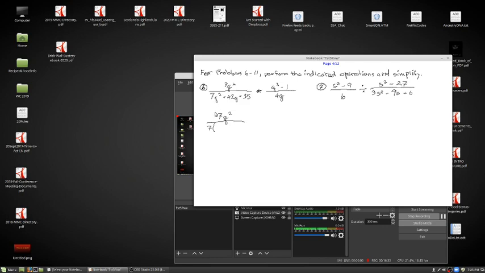And that would leave us, well, we'll do it in all the steps, I guess. Q squared plus 6q plus 5. This will then factor into q plus 1 times q plus 5.